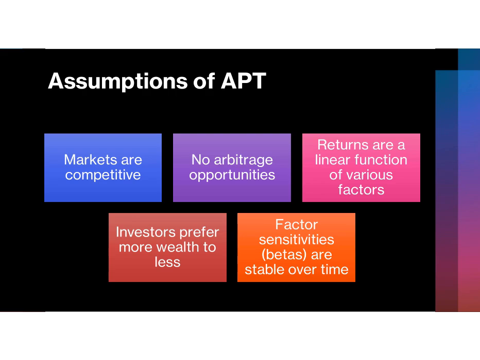Fourth, it's assumed that investors prefer more wealth to less, reflecting the basic principle of rational behavior. Lastly, factor sensitivities, or betas, are stable over time, meaning the relationship between asset returns and the influencing factors remains consistent in the long run. These assumptions form the foundation for applying APT in practical financial contexts.